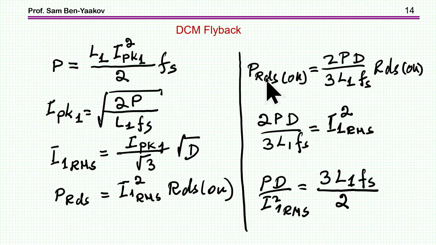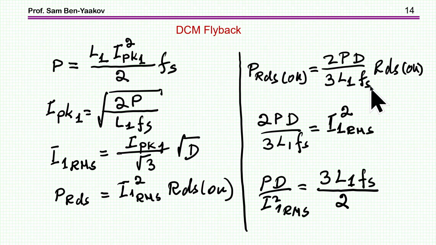We have the power loss of the switch. Now in this expression, we see that the power loss is a function of the duty cycle, a function of the power, inversely proportional to the inductance and the frequency. Kind of a complex expression here.